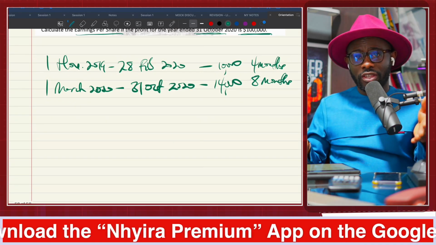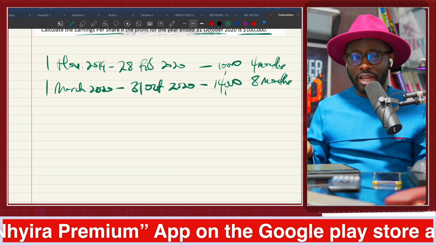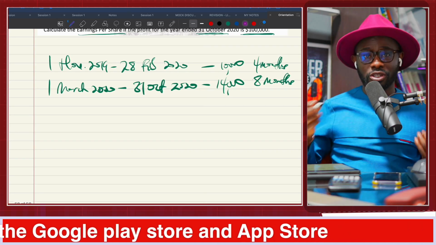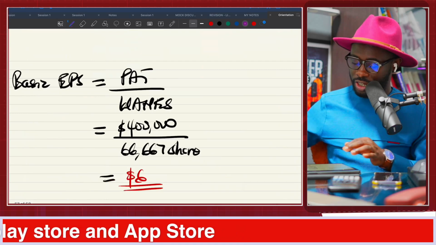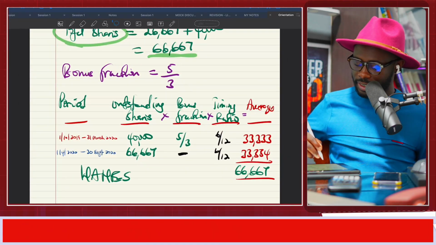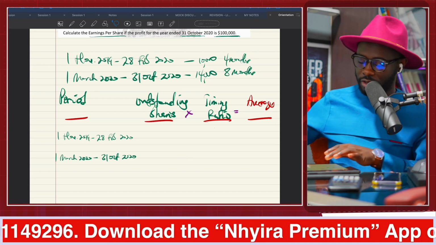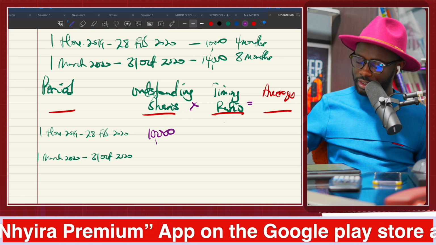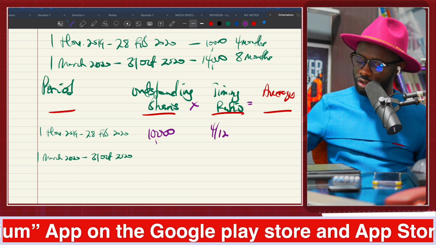Since it's issued at full market price, there will be no bonus fraction headache here. All we do straight up is calculate the weighted average number of equity shares. For the first period, the number of shares outstanding is 10,000, with timing ratio 4/12.